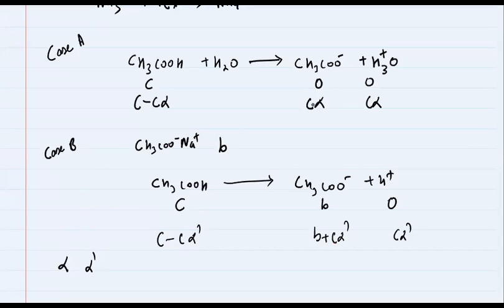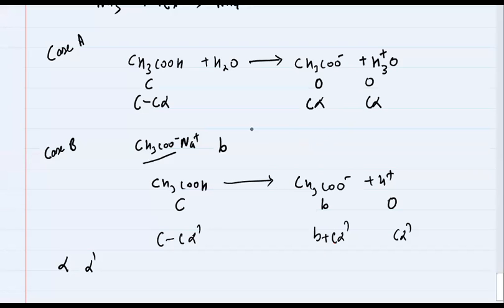It is alpha. So if you remember, we are increasing the concentration of product now, because CH3COO minus is a product. By having CH3COO minus Na plus, the concentration of product is increasing.